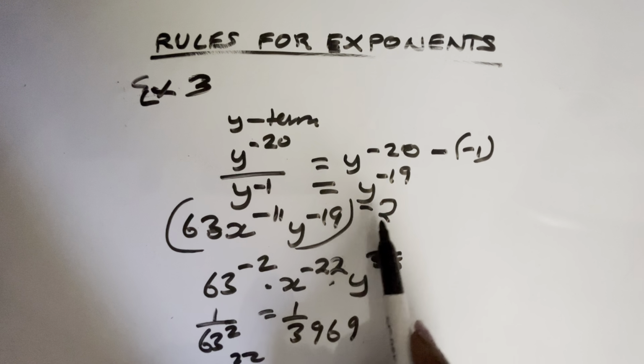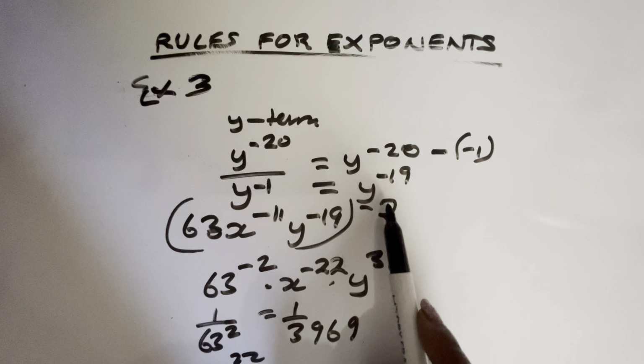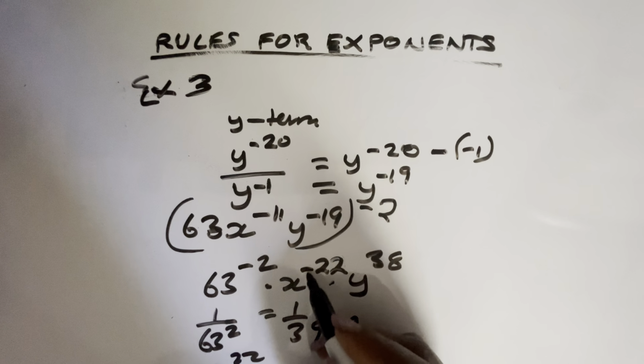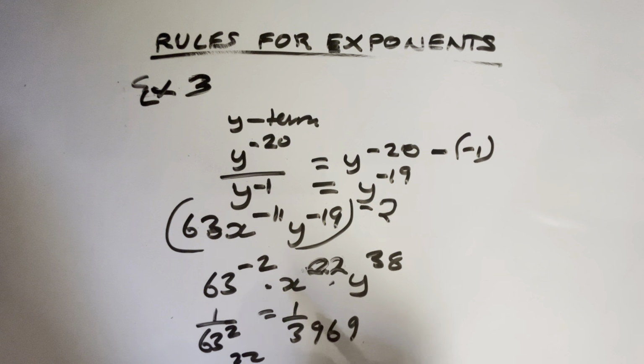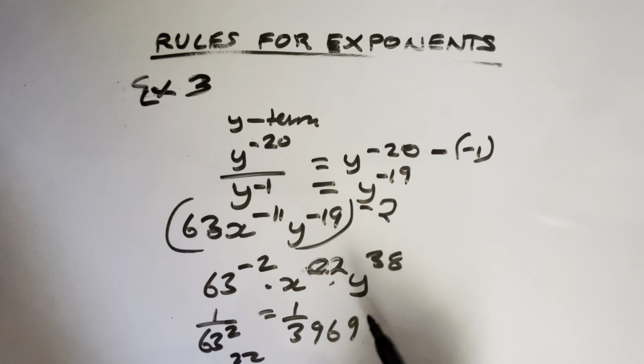So 63 to the -2 times x to the 22, because -11 times -2 is positive 22, and y to the power negative 19 times negative 2 will be y to the 38.